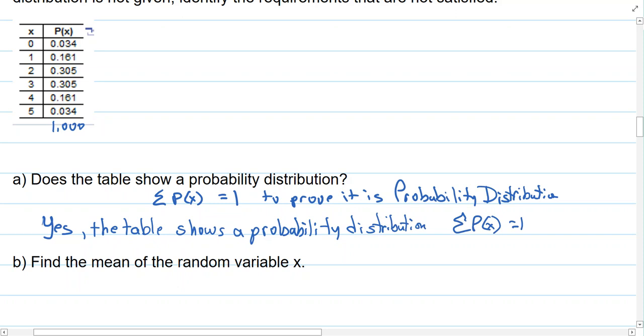Find the mean of the random variable X. The formula for mu, the mean, is the sum of x times P of x.